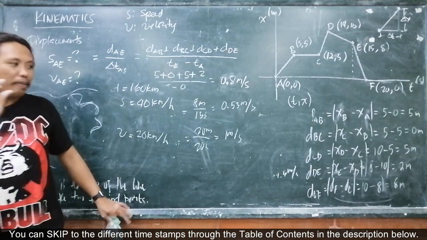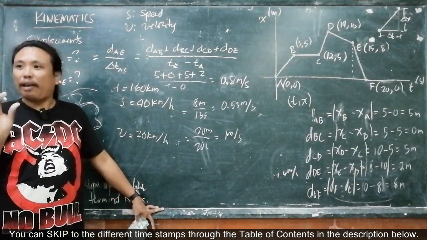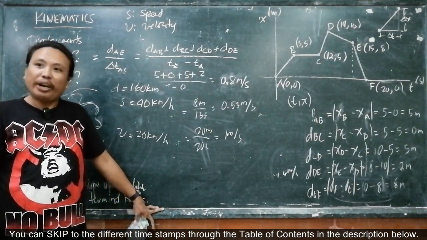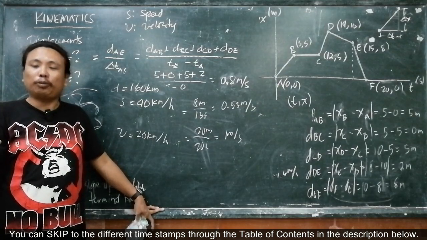Because in order to save those 30 minutes, you have to drive at times at 120, 80, 90, 100 kilometers per hour.